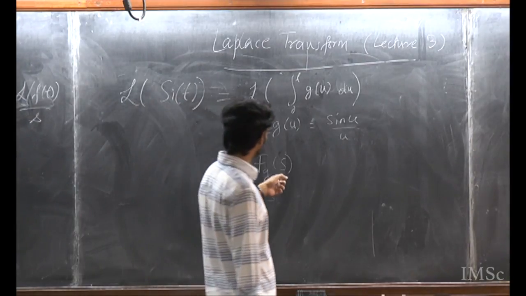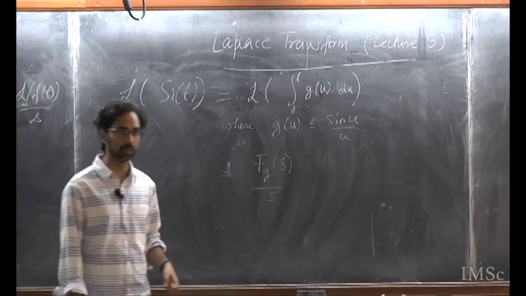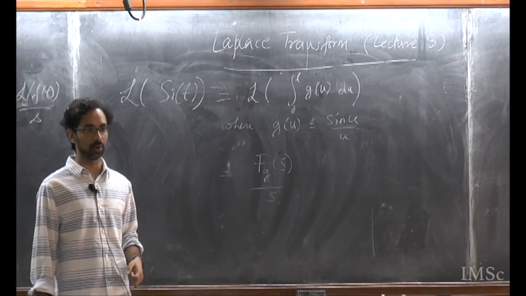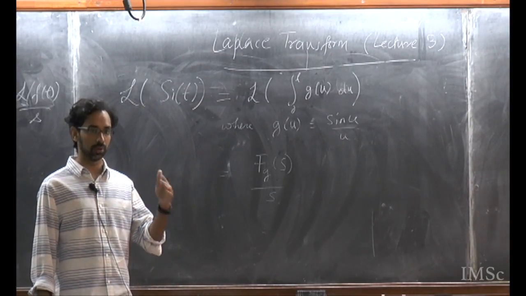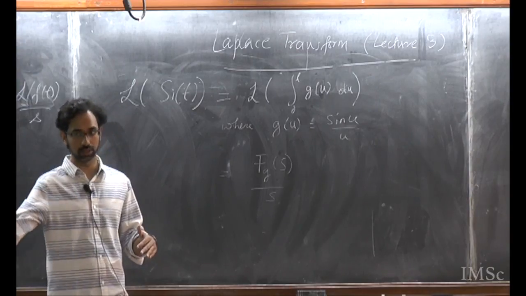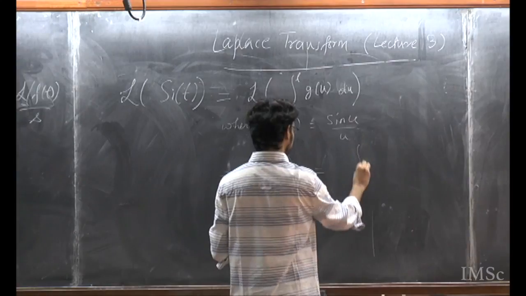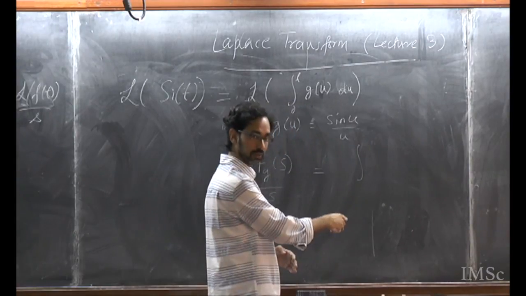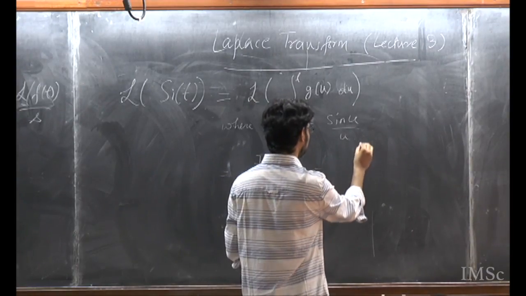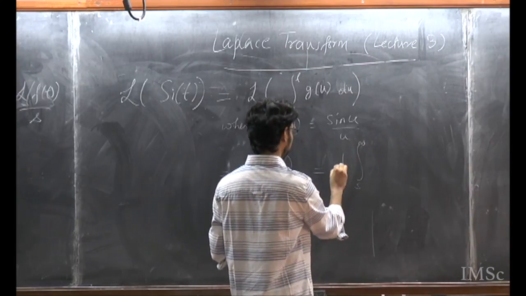Now what is the Laplace transform of g? We use again the property of division by t. When you divide by t, you have to integrate, right? Okay. So this is the integral, what was the limit of integration? s to infinity. You have a 1 by s outside.